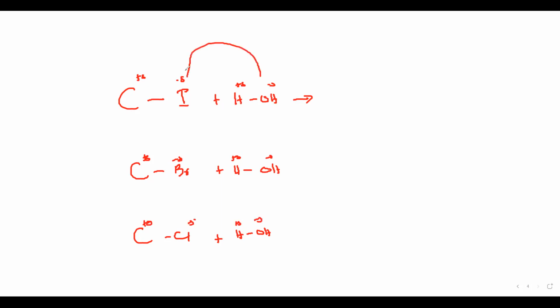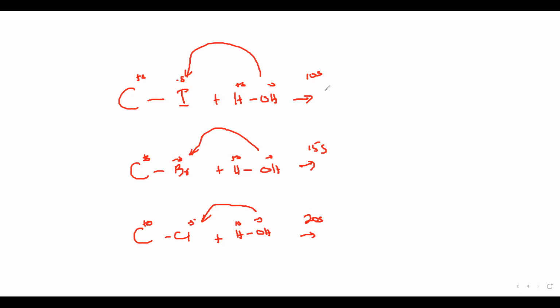So this OH will take the position of iodine, this OH will take the position of bromine, but in which case can it displace it faster? For example, it took 10 seconds for this one, this will take 15 seconds, and this will take 20 seconds. And why? What is the reason for that?